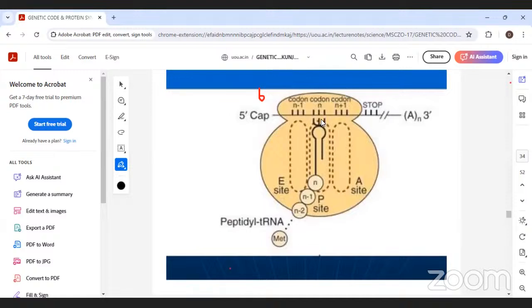Now the ribosome is supposed to move ahead in the 5 prime to 3 prime direction of the mRNA. See here, the mRNA is there, 5 prime to 3 prime.